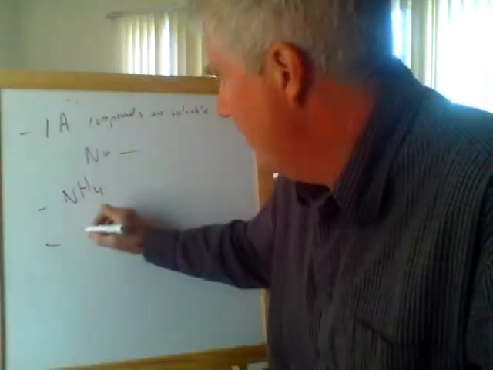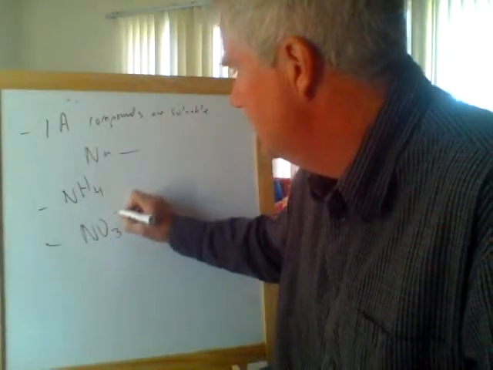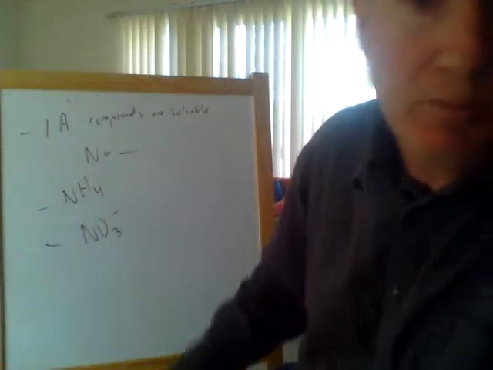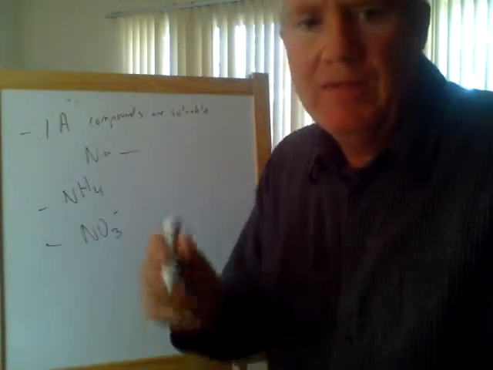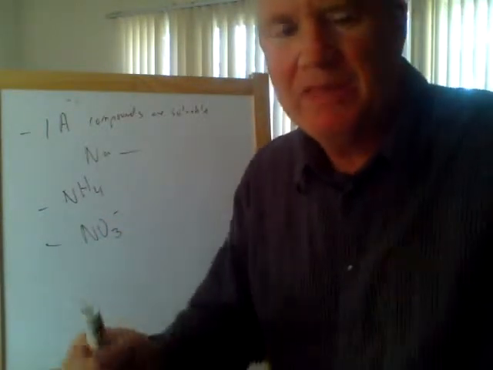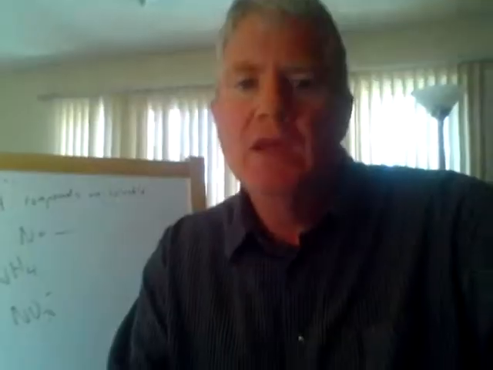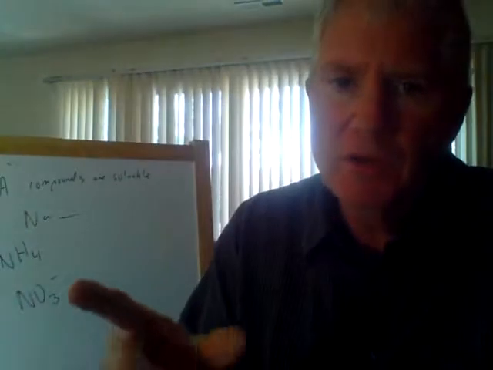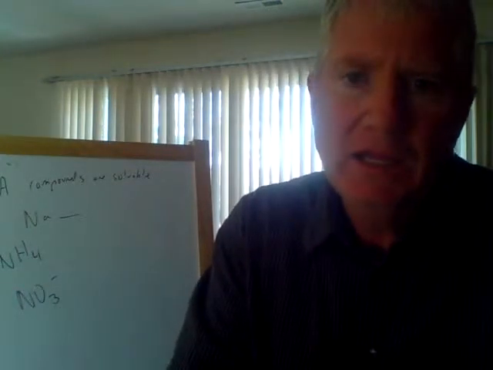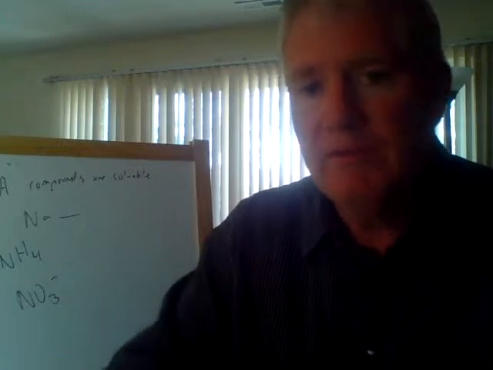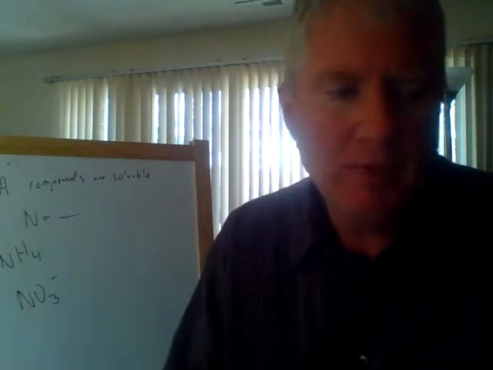It also says a compound that has nitrate, what else? Acetate and perchlorate. Anyway, now I've decided this is probably a bad thing for me to draw on the board. But it basically says, generally speaking, there are certain compounds that have a cation, and if it has that cation, it's probably going to be soluble. Similarly, if it has a certain anion, it's probably going to be soluble also.